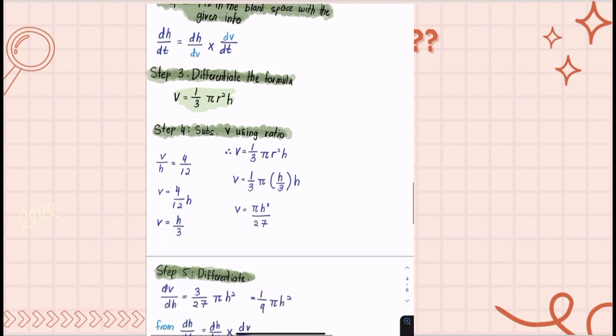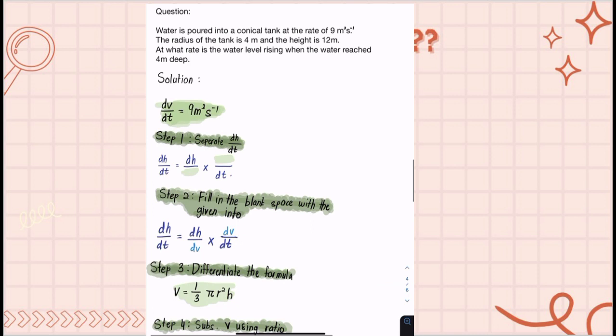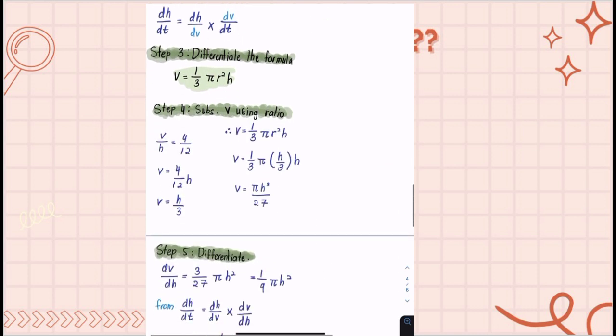For step 4, we need to substitute r using the ratio. First, we need to find the ratio of r over h. From here, we can see r over h is 4 over 12. And we have the ratio, r equals h over 3.